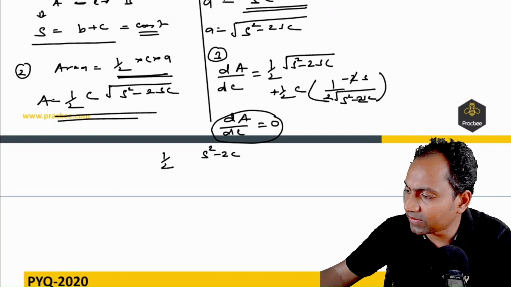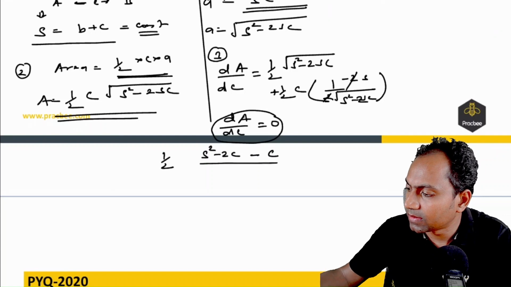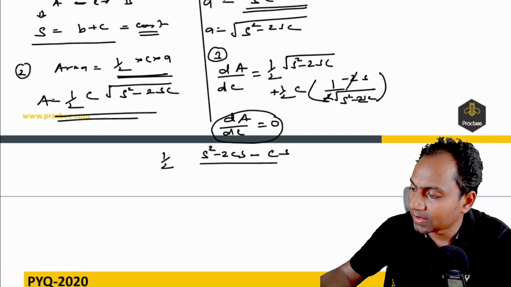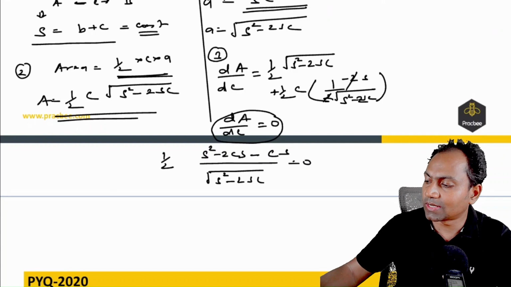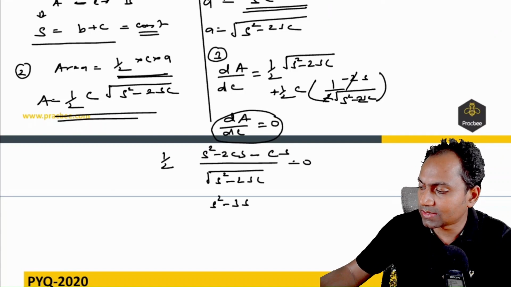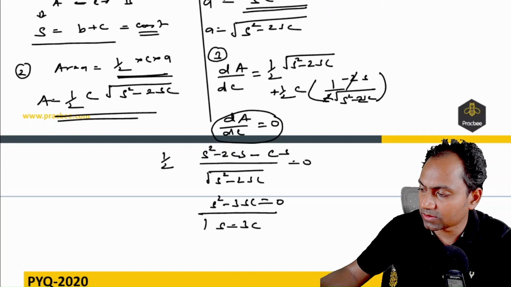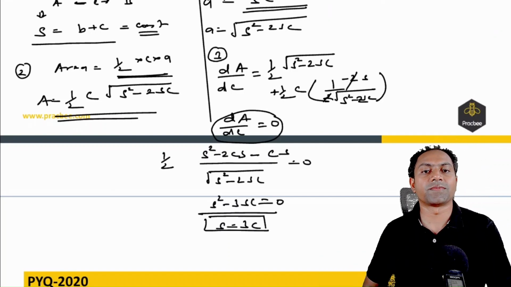If I simplify this part, 2 will get cancelled out, and what I'm getting is minus sc divided by root of s square minus 2sc. This will be equal to 0. So you can see that s square minus 3sc will be equal to 0. The value of s comes out to be nothing but 3c. This is what we are getting.